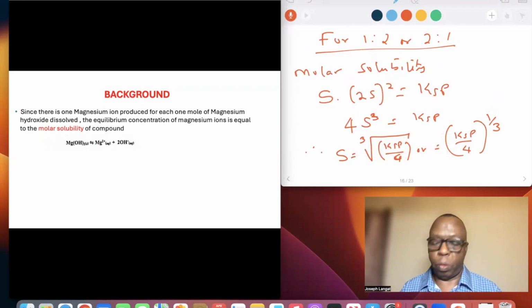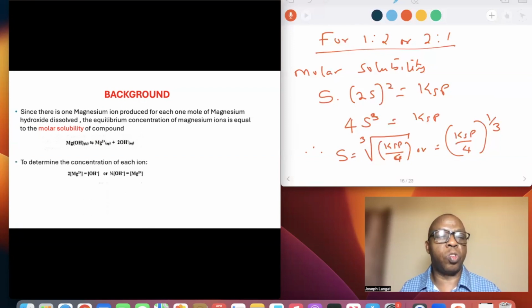For magnesium hydroxide, if you are asked to find the Ksp, you need to know the concentration of each ion. Look at the ratio. If you know the molarity of magnesium, we can use this relationship that twice the concentration of magnesium will be the concentration of hydroxide.